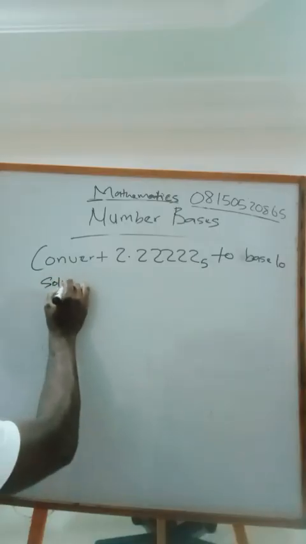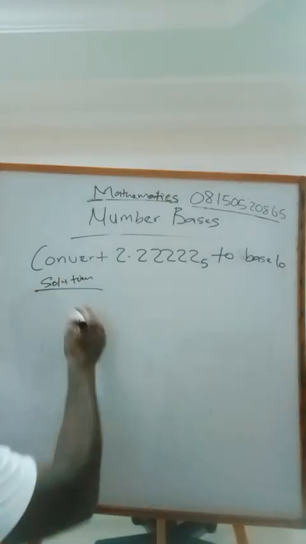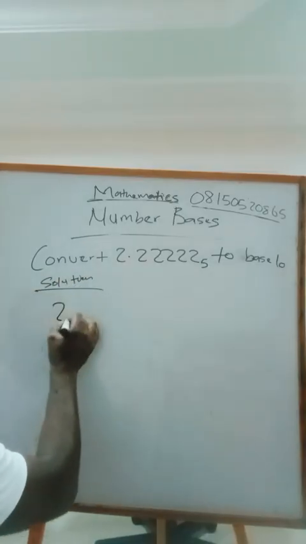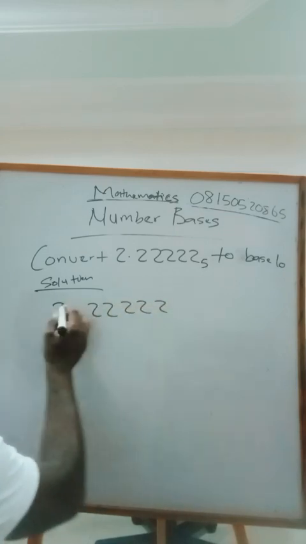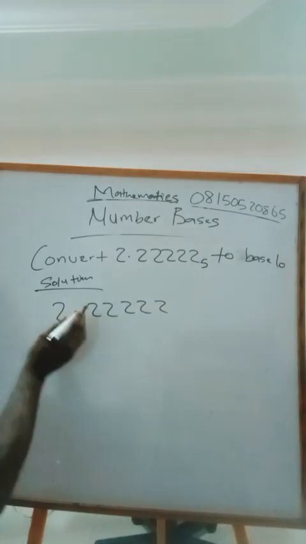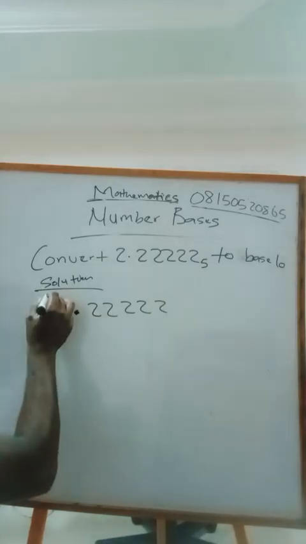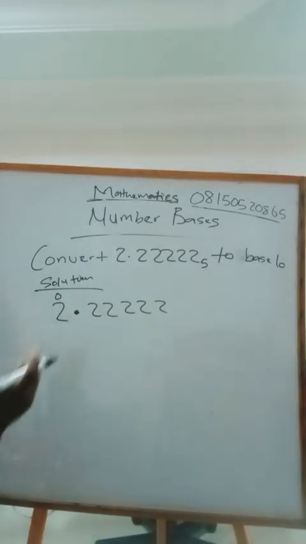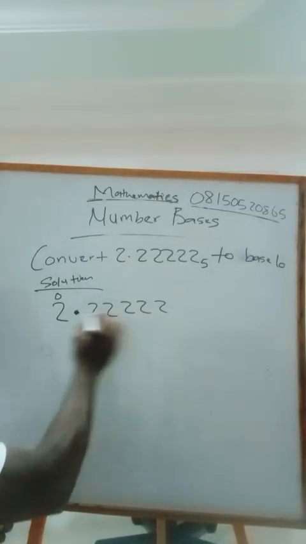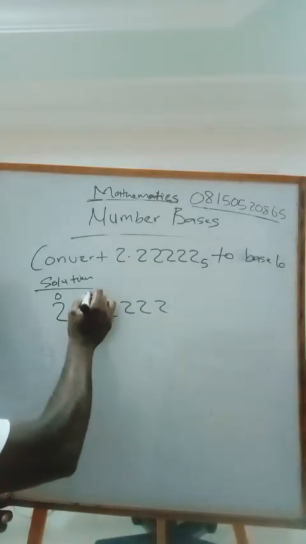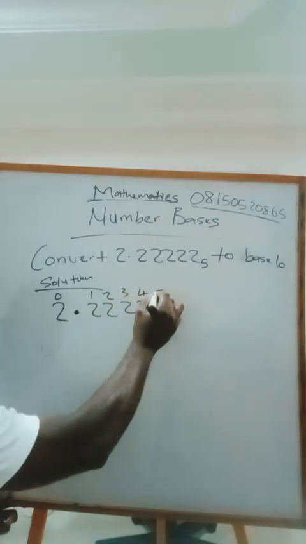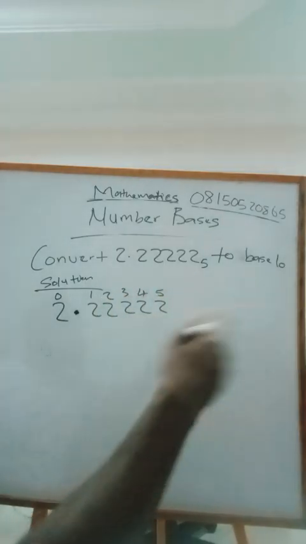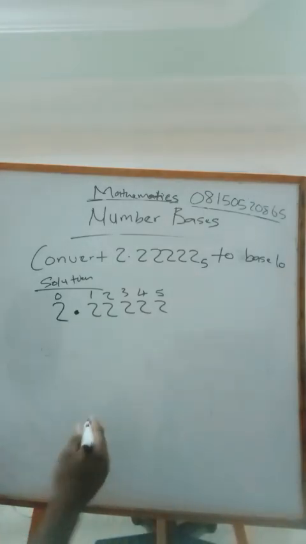Solution. When you are converting a decimal, you have 2.22222. For the digits before the decimal, you start from 0 and keep numbering towards your left hand side. But for the ones after the decimal point, you start from 1, 2, 3, 4, 5. You start from 1 for those at the right hand side.